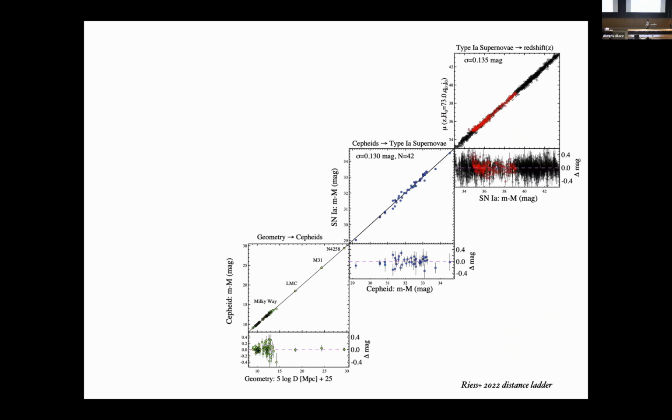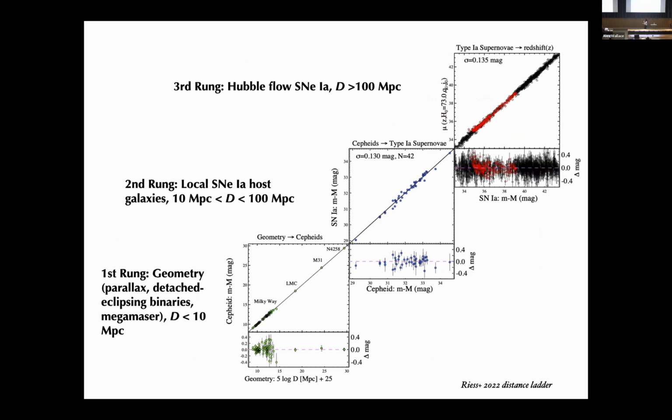Okay, so this is the distance ladder that I described. It uses the Cepheid stars that Henrietta Leavitt first discovered, and it basically has 3 rungs. As I mentioned, each way of measuring distance is only good out to a certain range. So at the shortest distances, you can use geometry, which gives you an absolute measurement, but it only works for nearby galaxies.